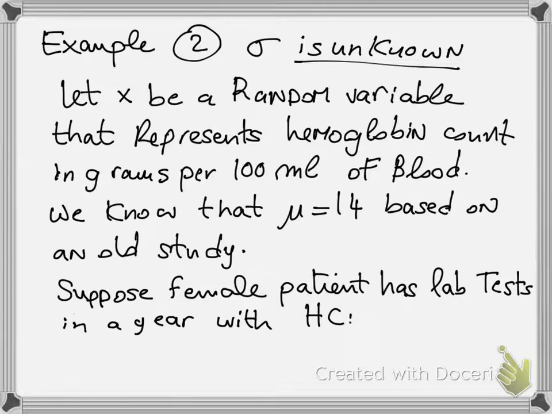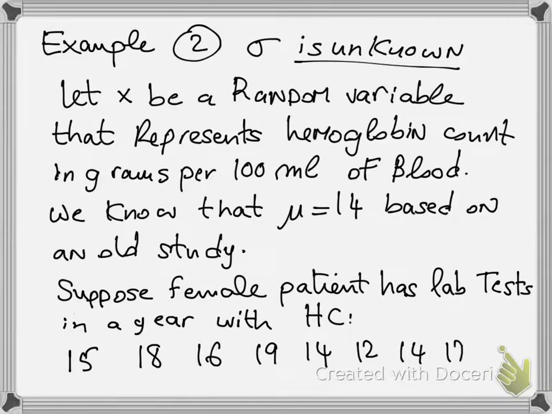In the first lab test, let's say she had 15 hemoglobin count, then 18 the second lab test, then 16 the third lab test, 19, 14, 12, 14, 17, 15, and then 11. Okay, so she had 10 lab tests. So 1, 2, 3, 4, 5, 6, 7, 8, 9, 10.